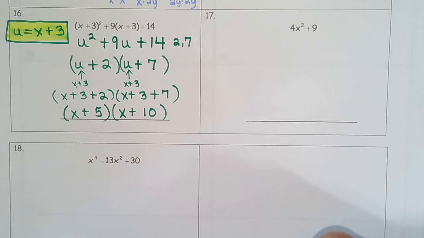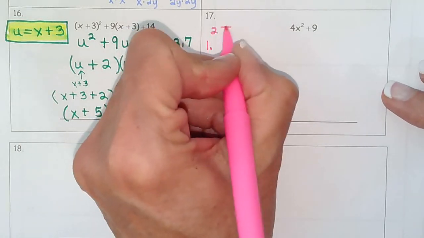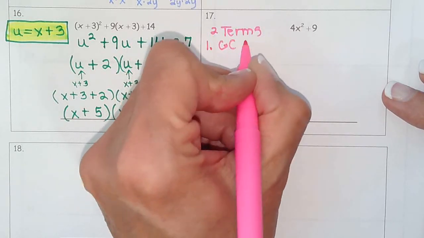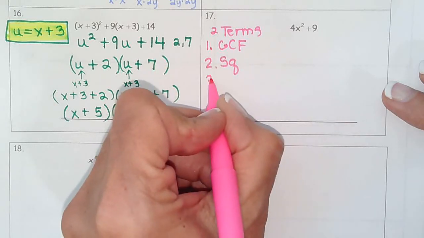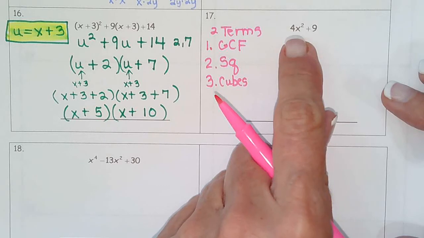So 17 is two terms. So remember what we learned about two terms. It can either be GCF, that's what we check first, squares, or cubes. So any GCF?